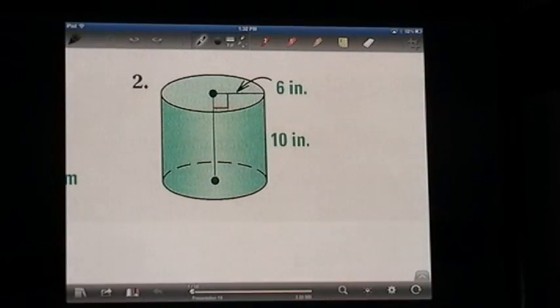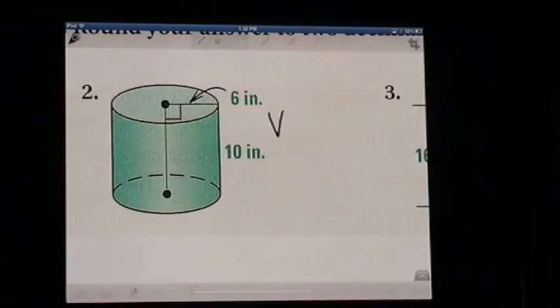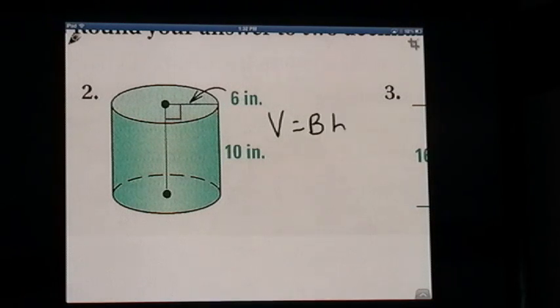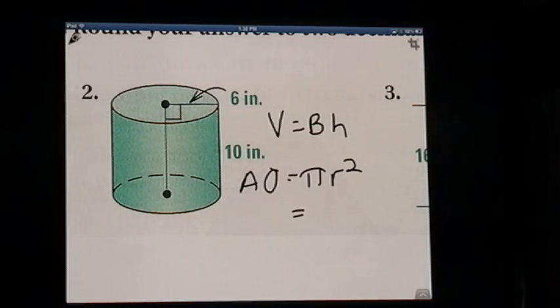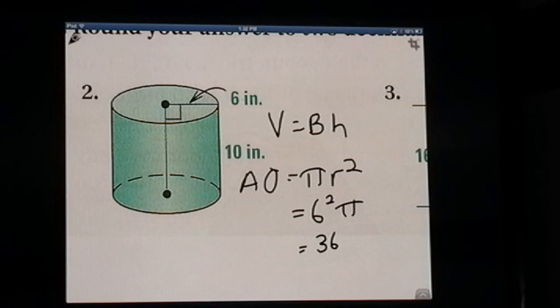Again, volume is equal to the area of the base, or big B, times the height. So we've got to find the area of this circle. And the area of the circle is pi r squared. And since r is 6, that'll be 36 pi.